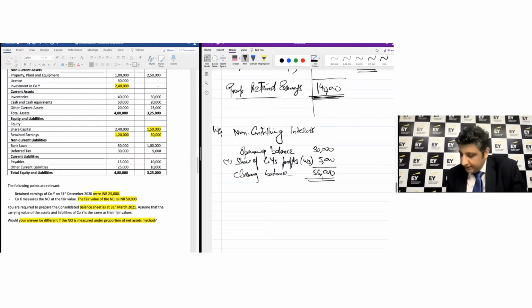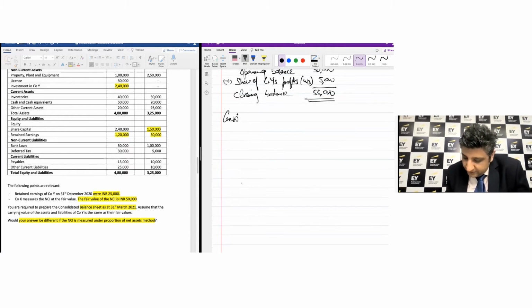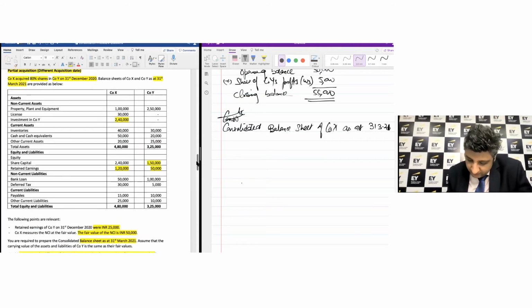Okay, and now we are in a comfortable position to prepare our consolidated balance sheet of company X as at 31st of March 21, right? We again use the same format.